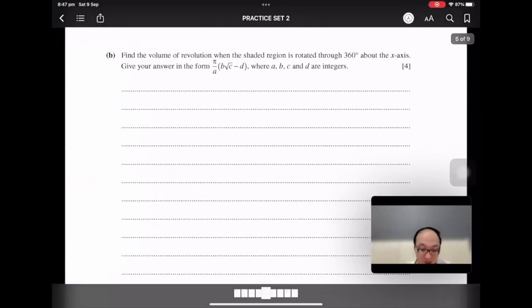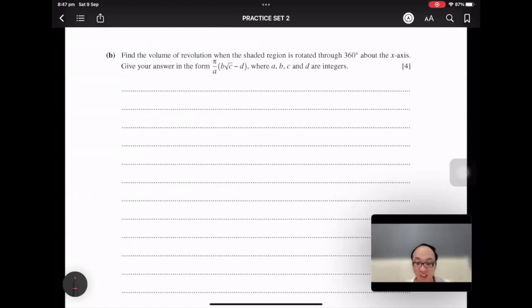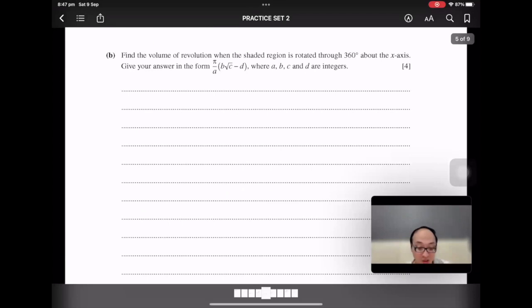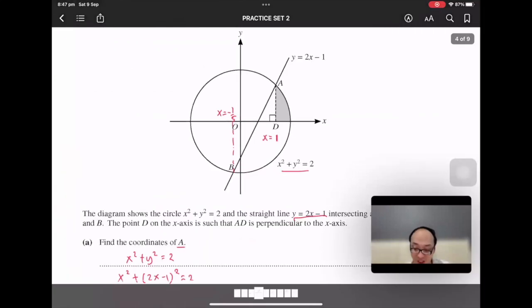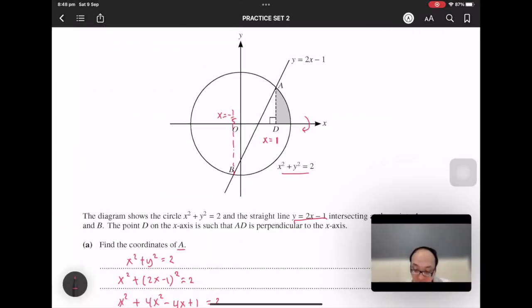Find the volume of the revolution when the shaded region is rotated around the x-axis. Give your answer in the form of pi over a, b root c minus d, where a, b, c, d are integers. So we have to rotate the region 360 degrees about the x-axis. So we rotate this from x equals to 1. The circle here has the radius of root 2, so the boundary here will be equals to square root of 2.